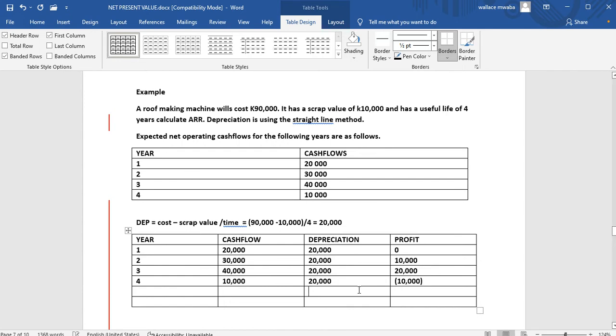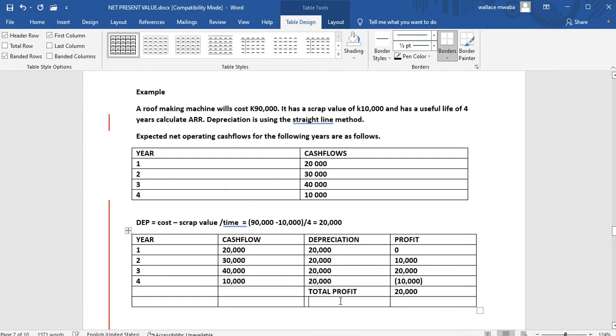Now that we've calculated the profits for each of the individual years, we're going to total them up. Total profit: 10,000 plus 20,000 is 30,000, plus negative 10,000, we get 20,000. So total profit is 20,000. In the accounting rate of return, we want to find the average profit.